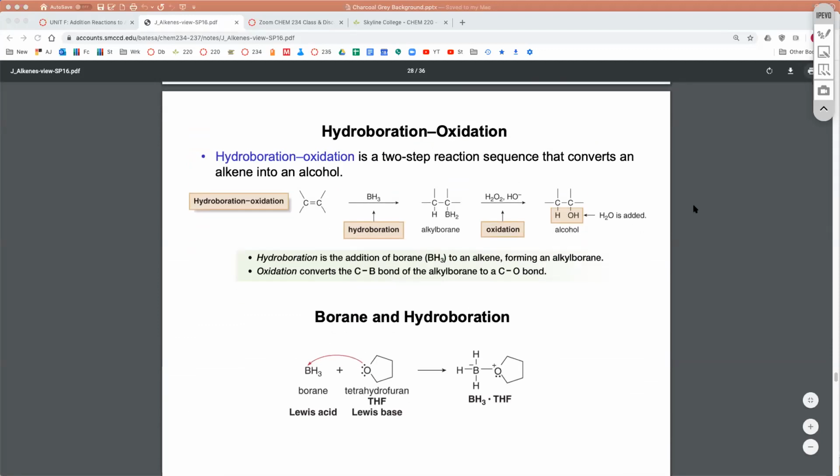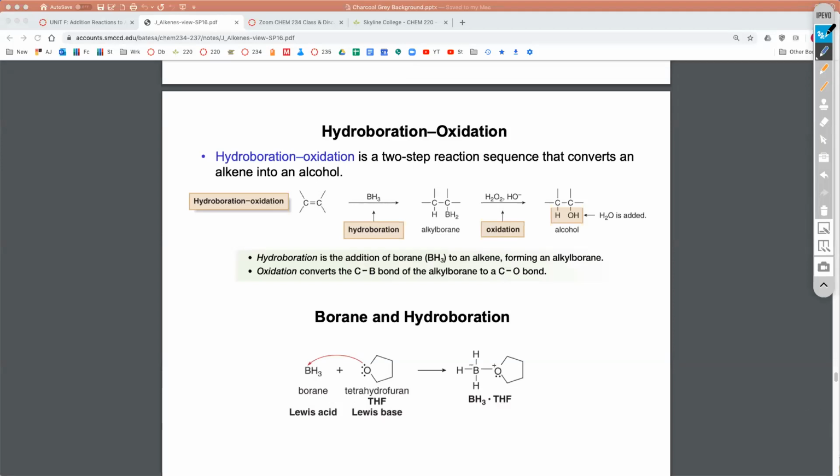There we are. So when we're looking at hydroboration oxidation, it is a two-step process. Just keep in mind that these two steps actually do have to be completely separated from one another.